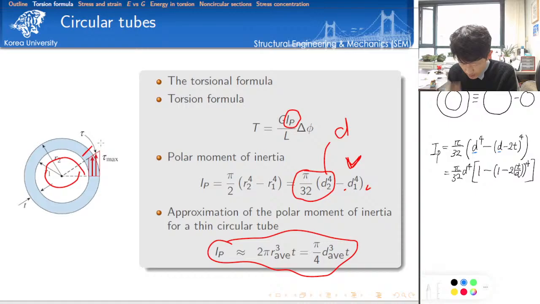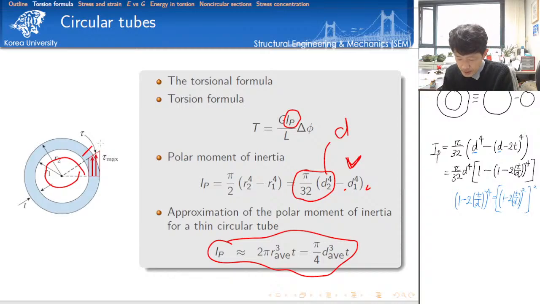So what I want to do is touch this a little bit more. Say I have 1 minus 2t over d, to the fourth. This is equal to 1 minus 2t over d, squared, and then another square, the same.